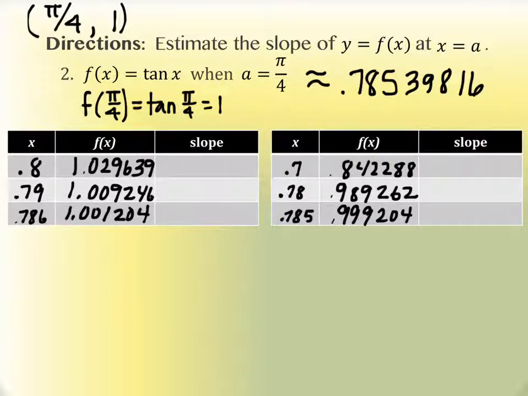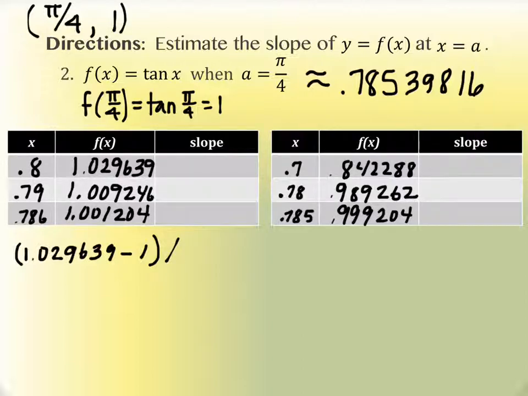All right, so what we're going to do over here then is calculate the slope. When we calculate slope, I'm going to take the first f of x value in my list, 1.029639, minus my first actual y value for the point I care about, which was the y value of 1 at the top of our screen.